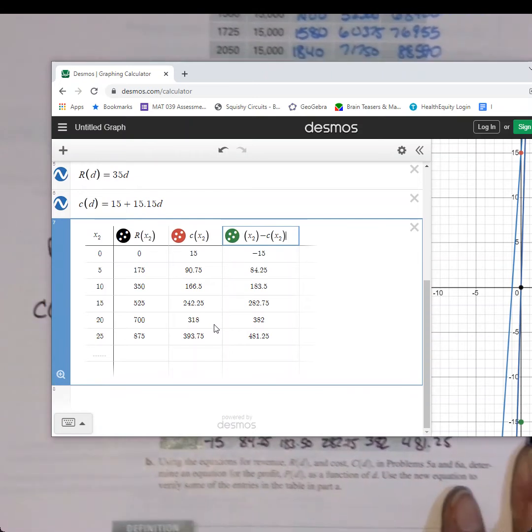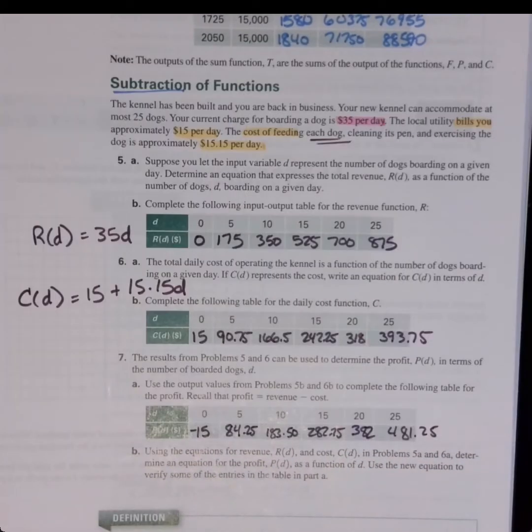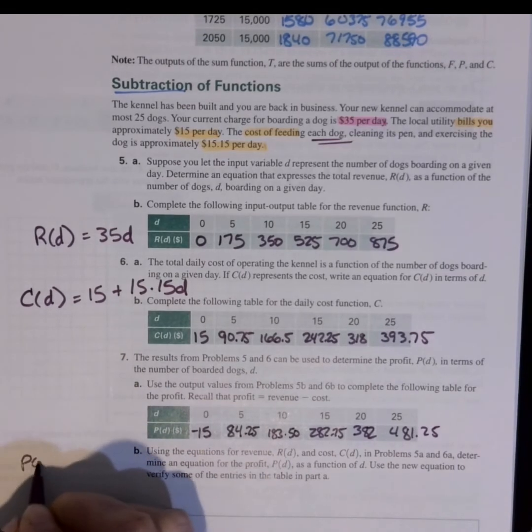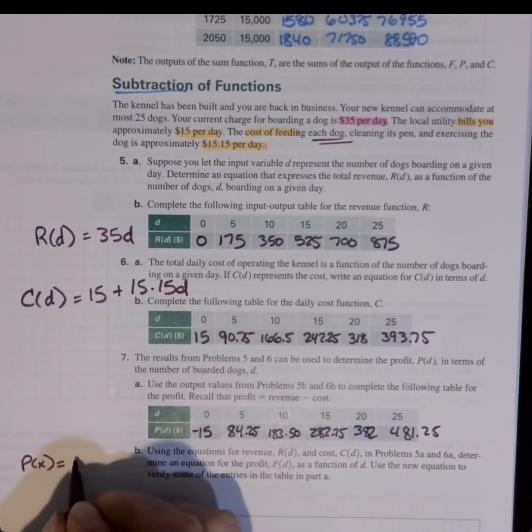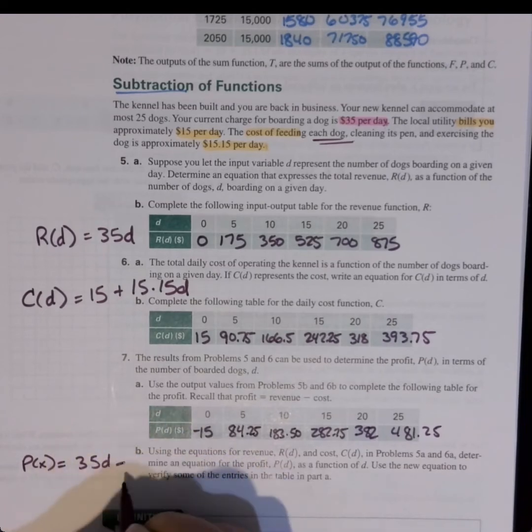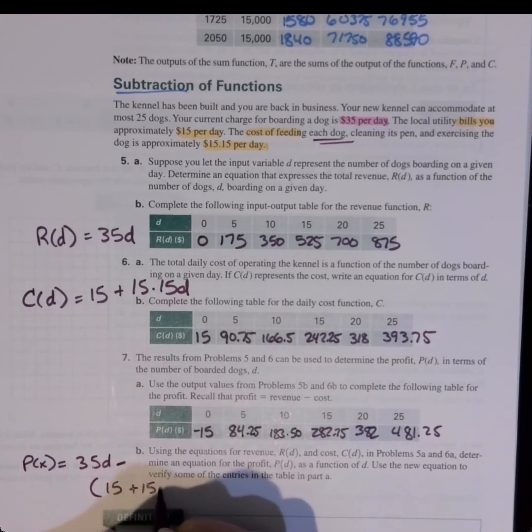Okay, so we want to write the function. I'm going to just slide decimals off for a moment. To write the profit function, our P of X function is going to be our revenue function, which is 35D, minus the cost function. I'm going to put the cost function in parentheses, 15 plus 15.15D.